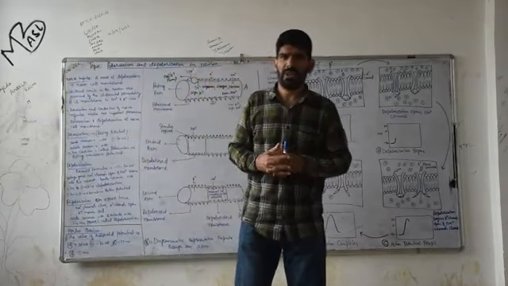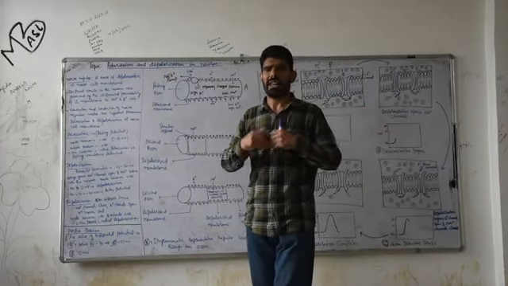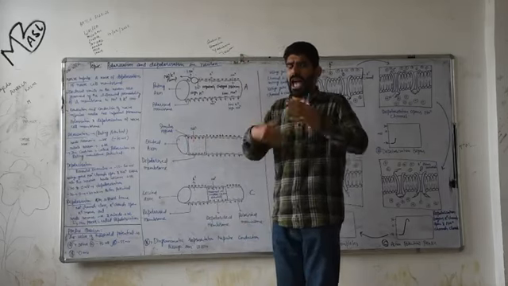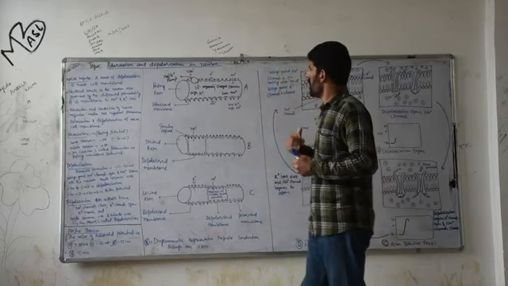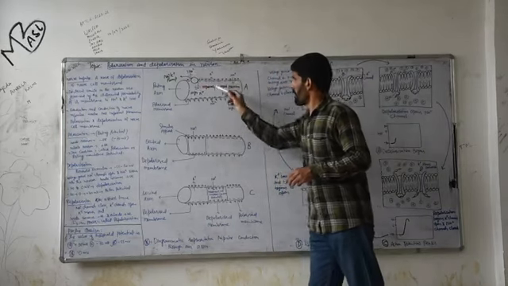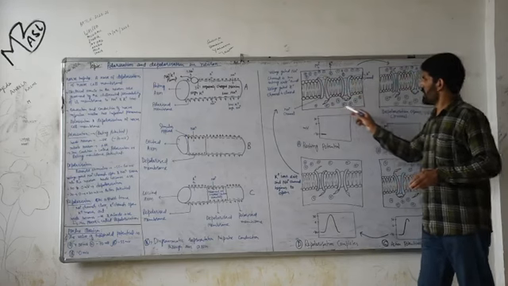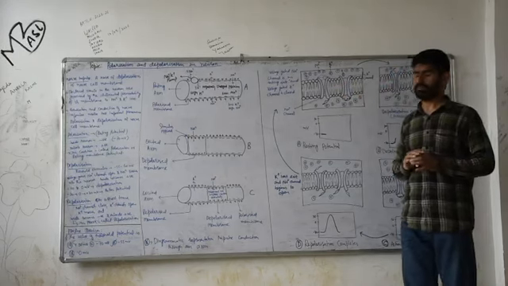Assume a neuron in a resting state, that is, it is not conducting. What happens when a neuron is not conducting? You see here, this is a neuron, and here is the magnified image of the neuron.